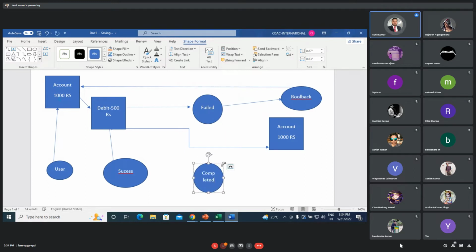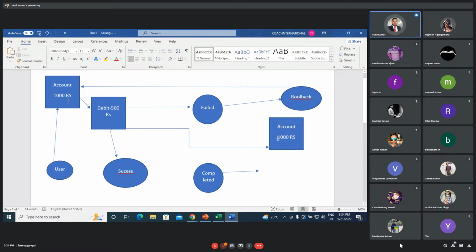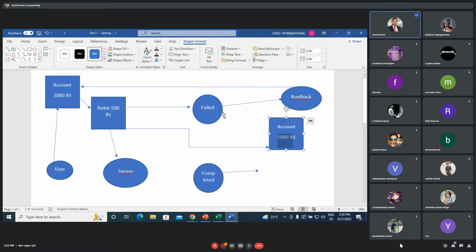If the operation is completed, then what will be the effect of that operation on your database? Your database should be updated. And now, what will be the amount in your account? 500. Understand? Yes, this is the commit and rollback process.